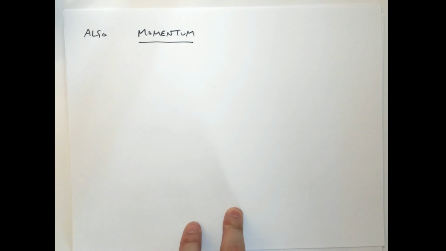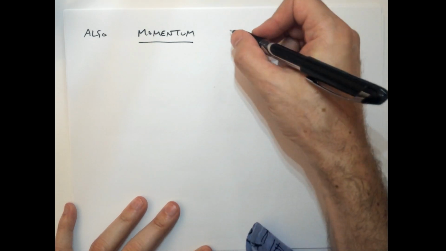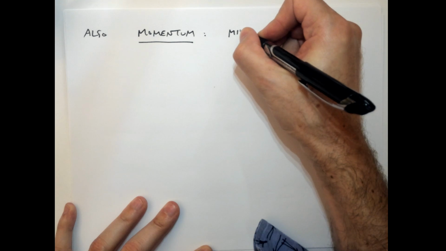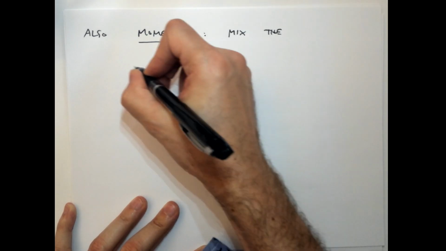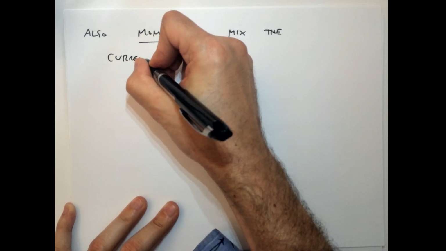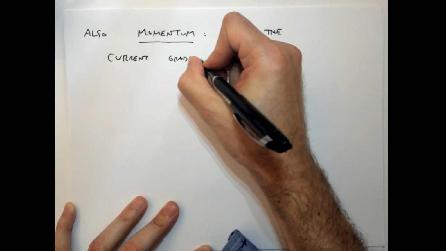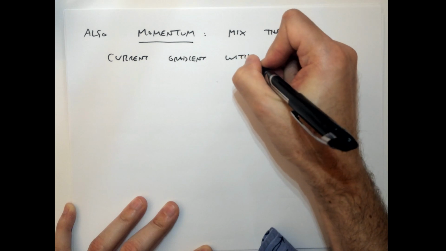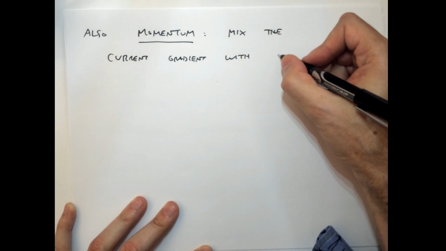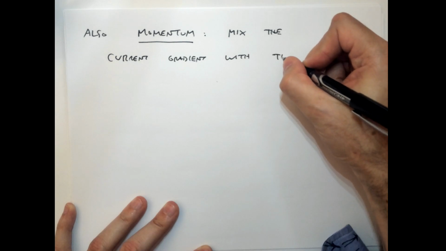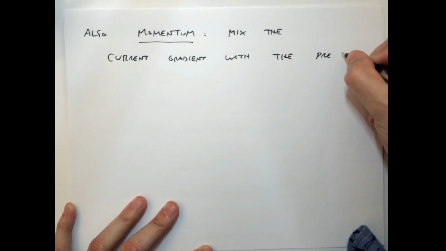And in that way, I am hopefully going to be a little bit less swingy, right? So what we do is we mix the current gradient with the previous steps.